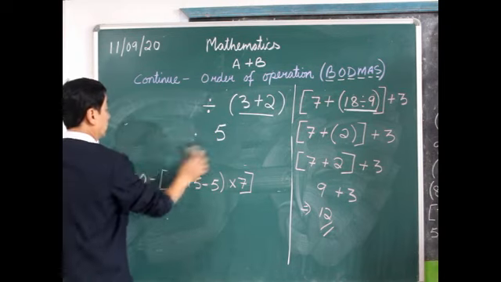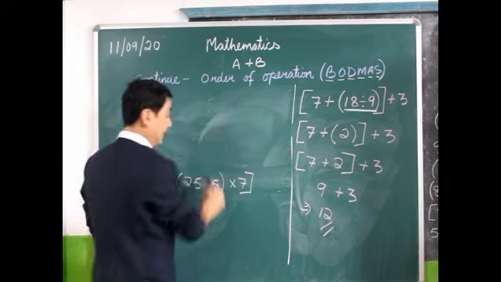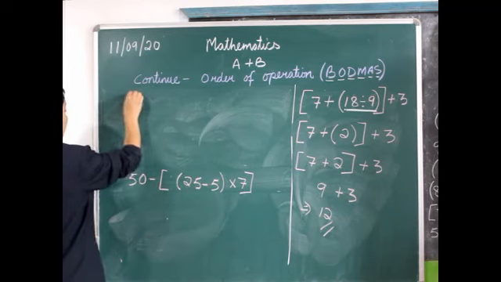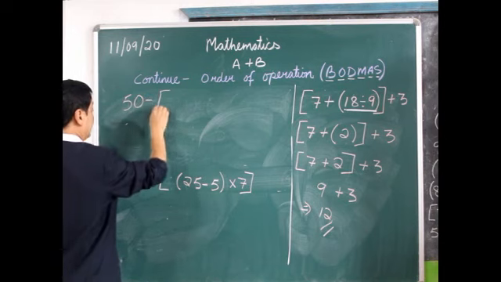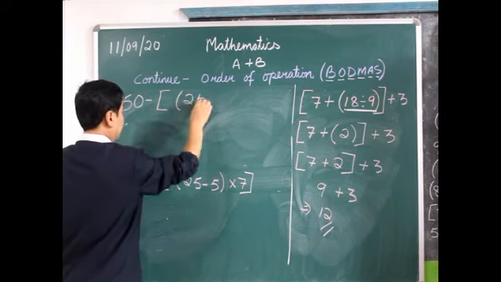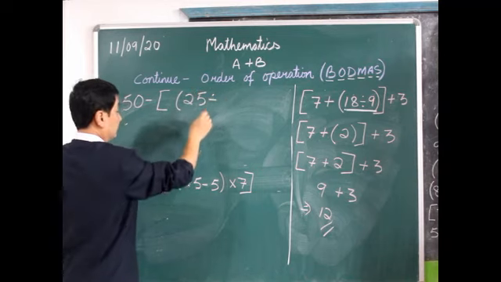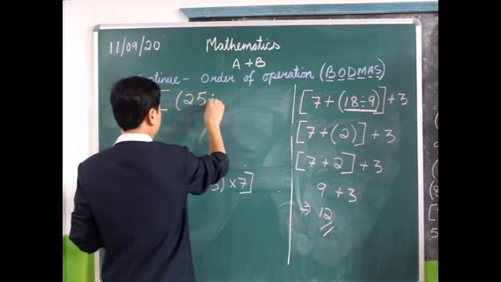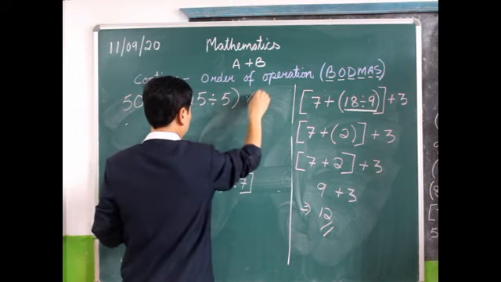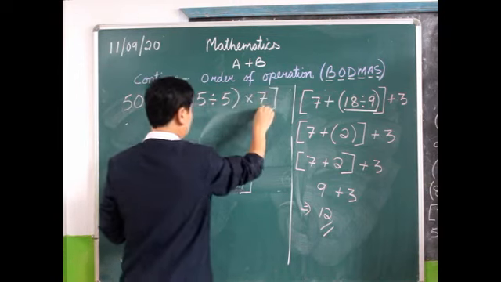Now let's do this sum. I'm going to write it on top so that we have a bigger space. So let's rewrite the sum. 50 minus box bracket, semicircle bracket, divided by 5 into 7 and close the bracket.